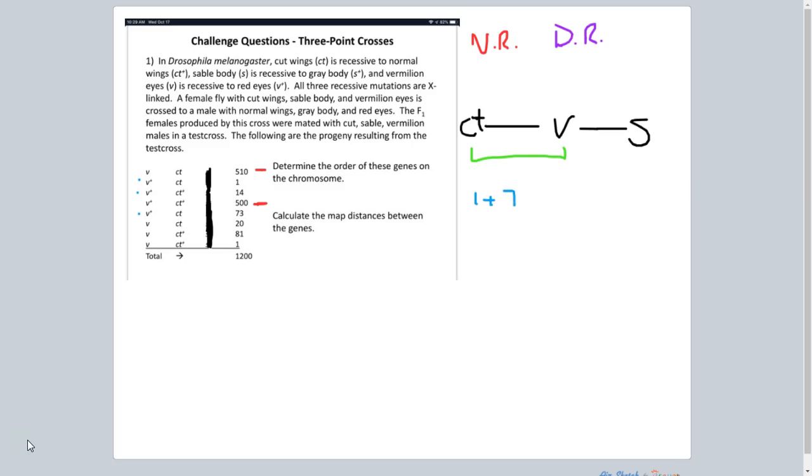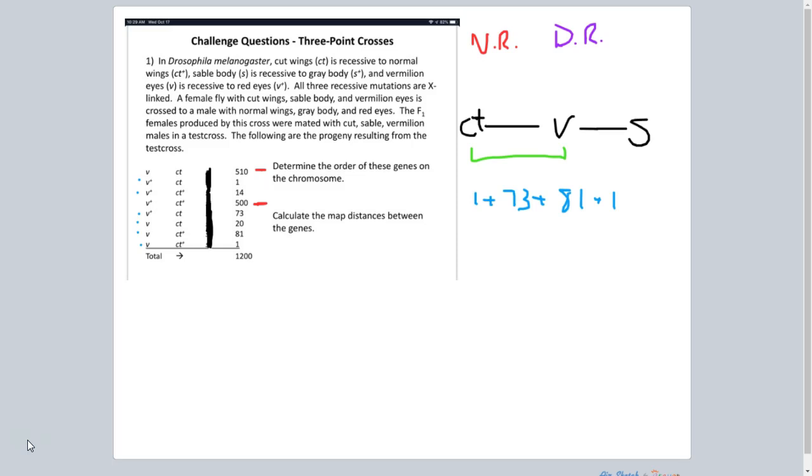That's 73, excuse me. Recessive V with a recessive CT, that matches what we see up here, so I'm going to ignore that. Recessive V with dominant CT, that's different, so I'll count it. And then recessive V with dominant CT again, once again it's different, so I count it. So that's the end of the list for V and CT.